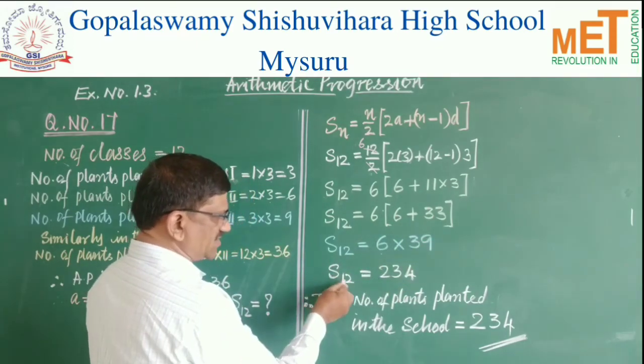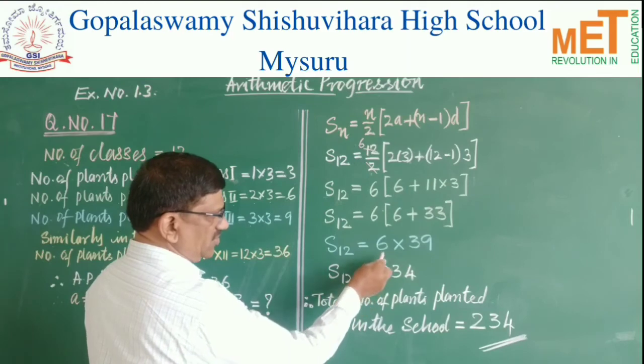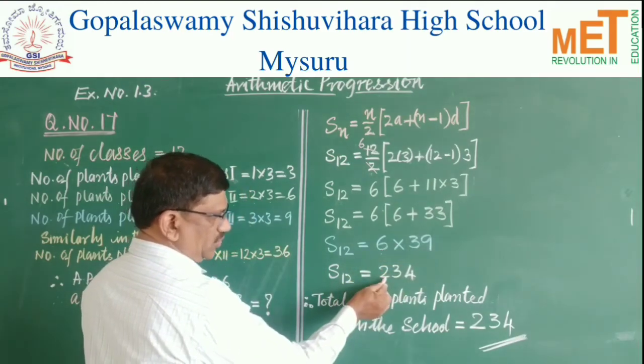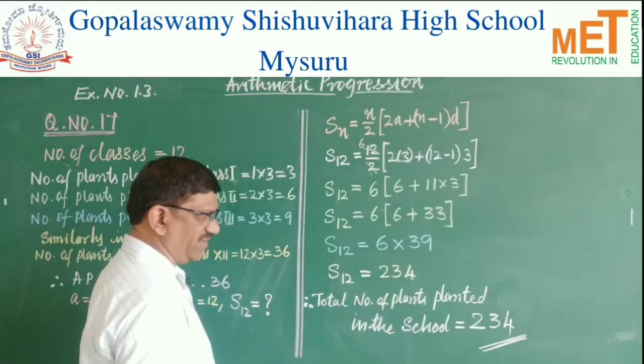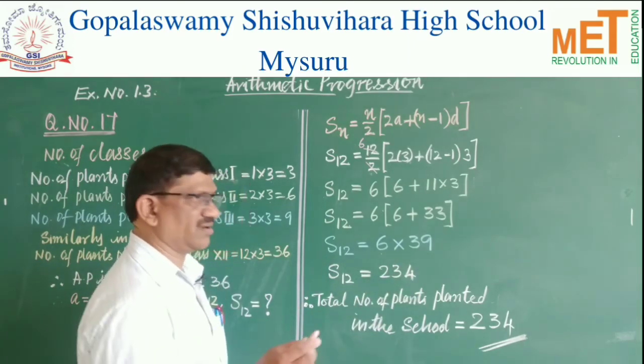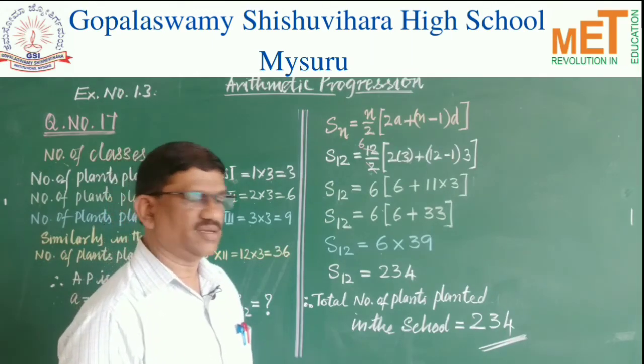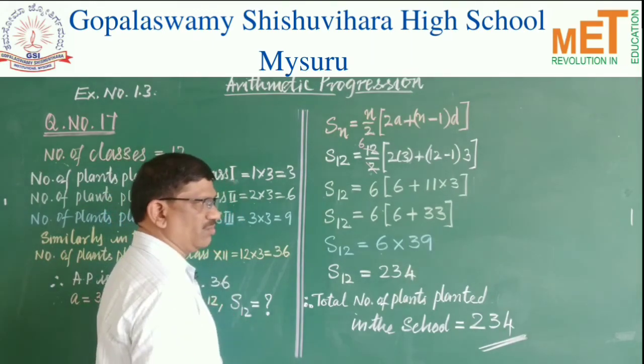Therefore, if you multiply 6 with 39, it becomes 234. That means all the classes together planted 234 plants.